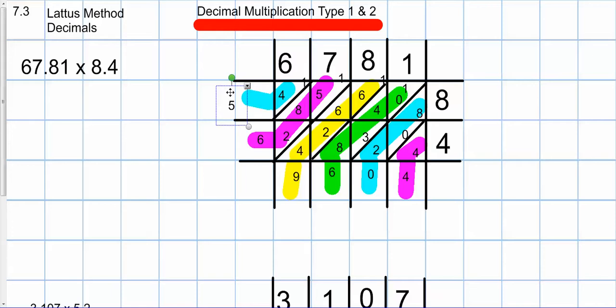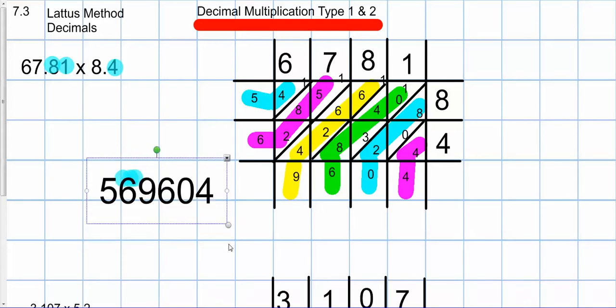Alright. So let's type it out. 5, 6, 9, 6, 0, 4. Alright, now I'm going to go back to the problem. I've got 1, 2, 3 place values to the right of the decimal. 1, 2, 3 to the right, and then I'm going to put my decimal point after those numbers.